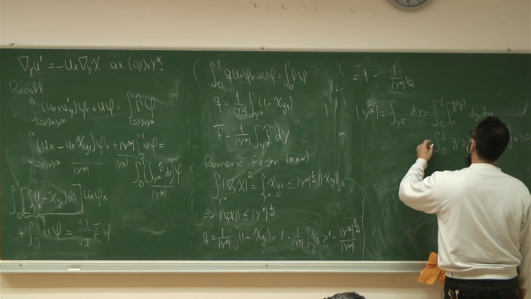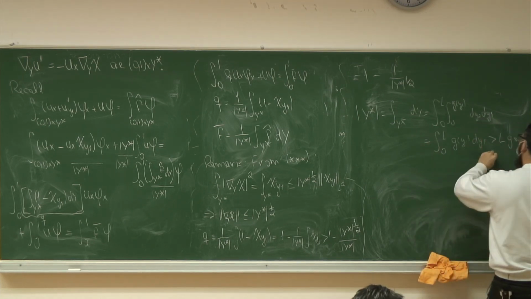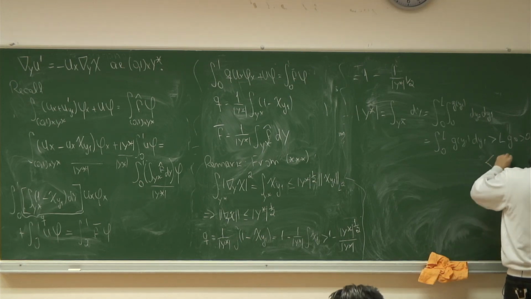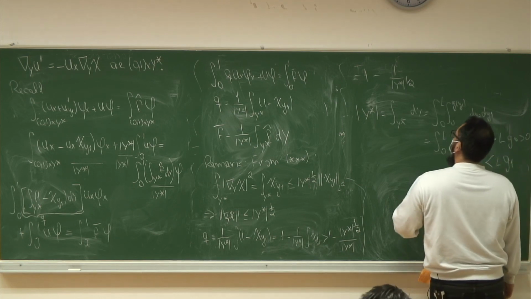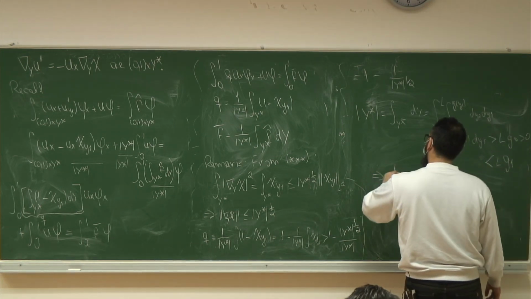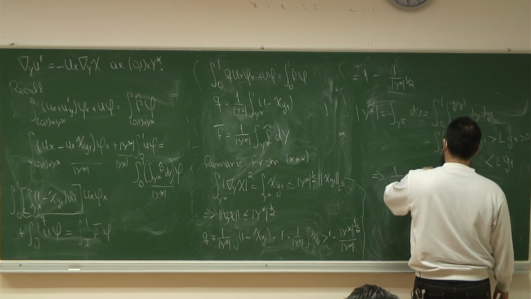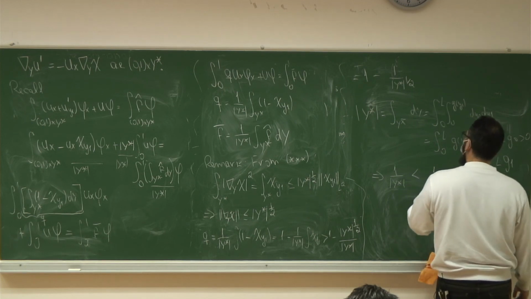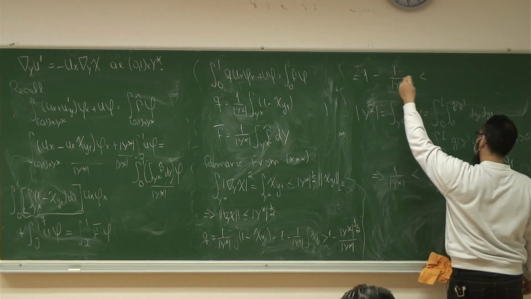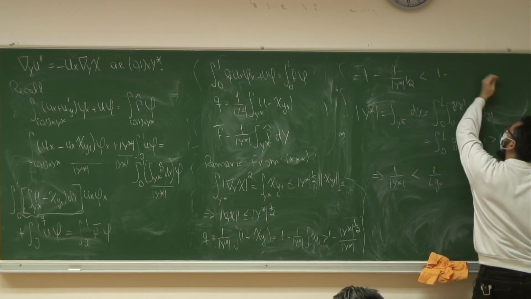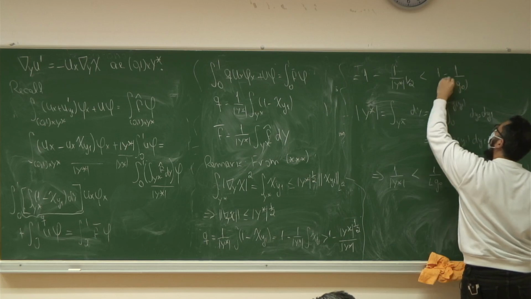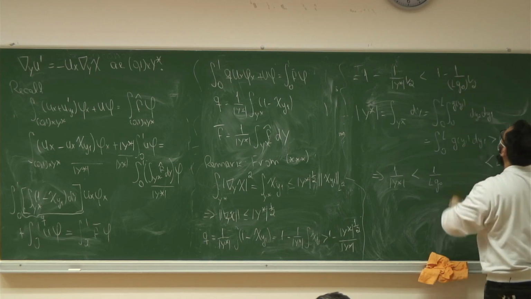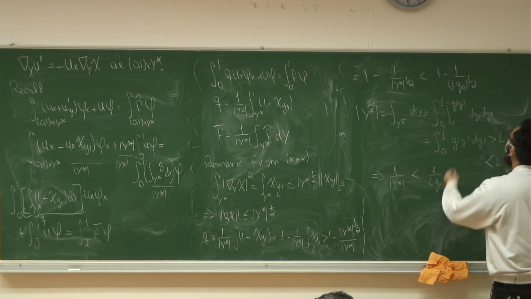On the other hand, this is also smaller than L, and this is also positive. So the 1 over y star will be less or equal to this. So L over G0 over 1/2, and yeah.